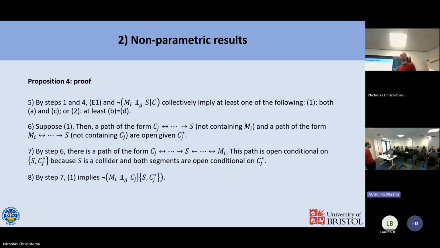This is just C. So I'm just saying, if I have A and C together, that's just what I'm saying here.